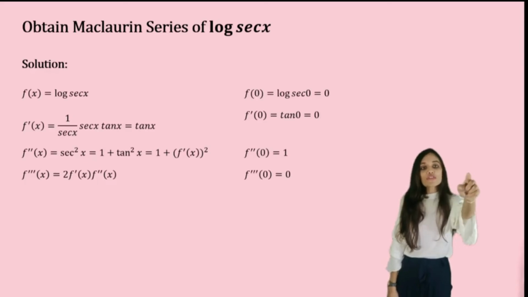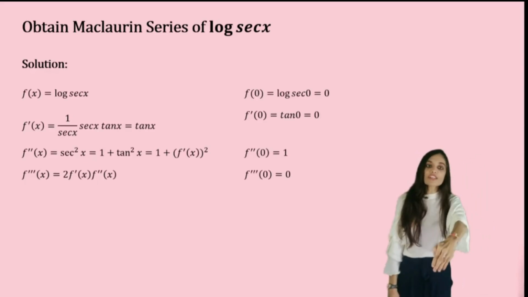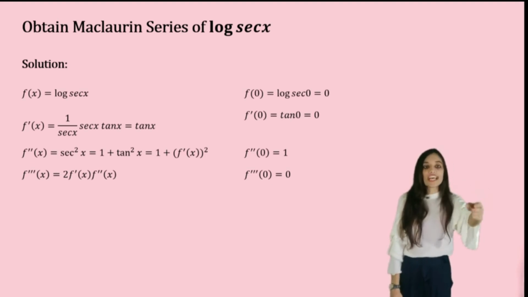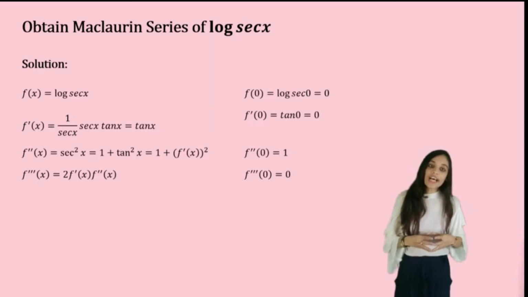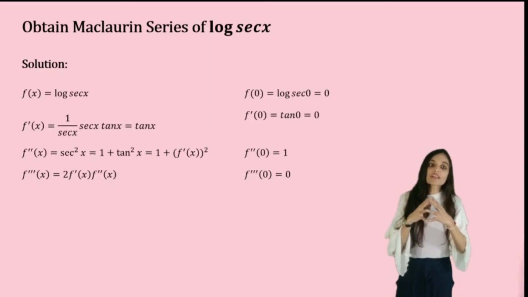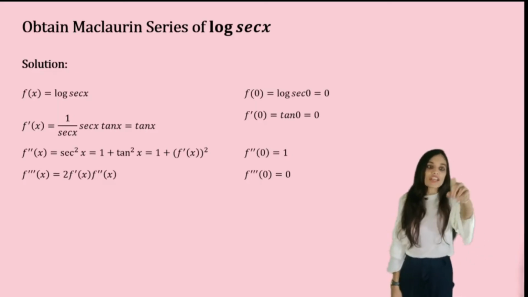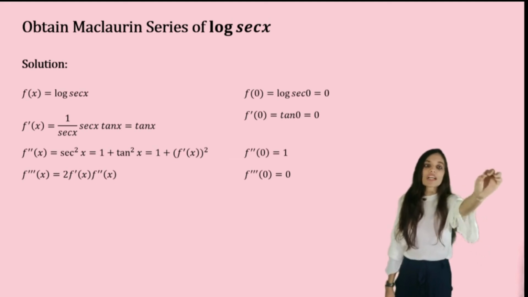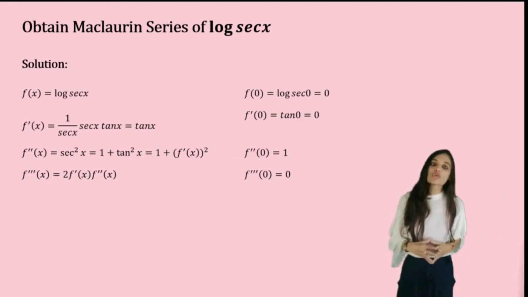Now f dash of x whole square: the derivative of that will be 2 into f dash of x, and using the chain rule, the derivative of f dash of x will be f double dash of x. Now in this we will put the value of x as 0. So finally our third derivative will be equal to 0, because f dash of 0 is 0 and f double dash of 0 is 1.